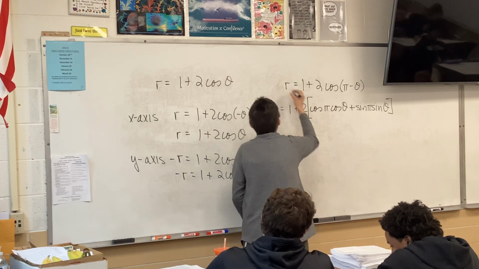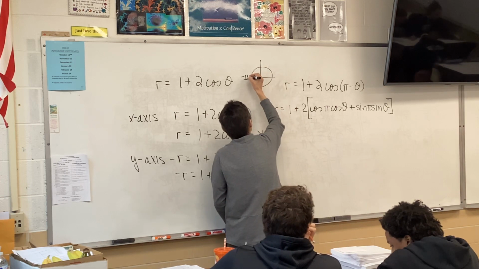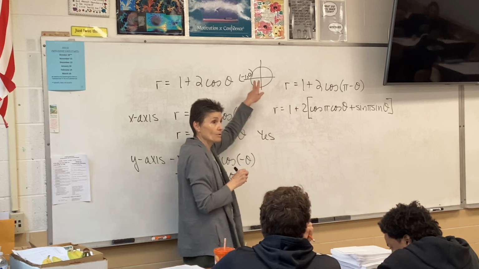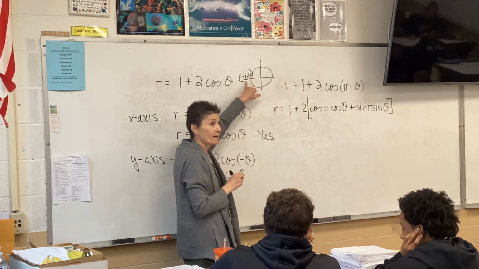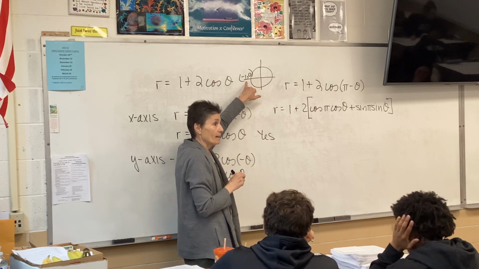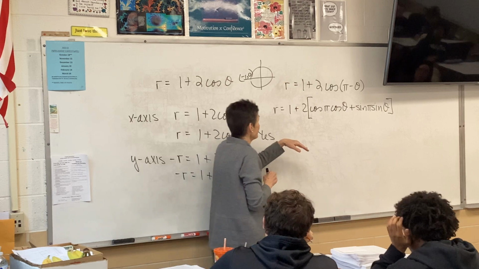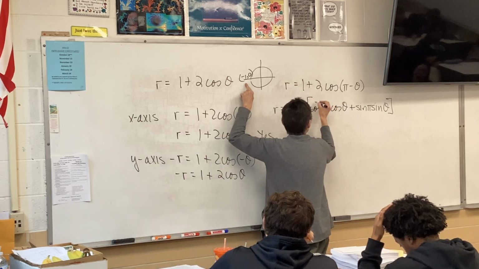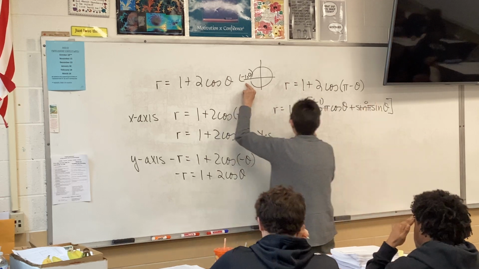All right, now pi. Pi is over here, right? On the circle. And we know cosine is x and sine is y. So we'll just plug them in. So cosine pi is -1. Sine pi is 0. So what do we end up with?